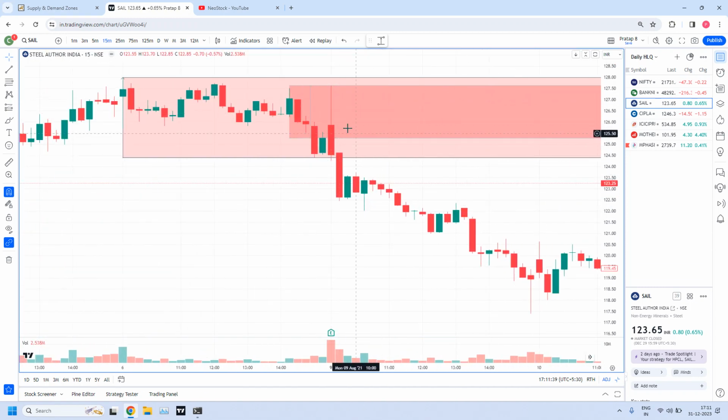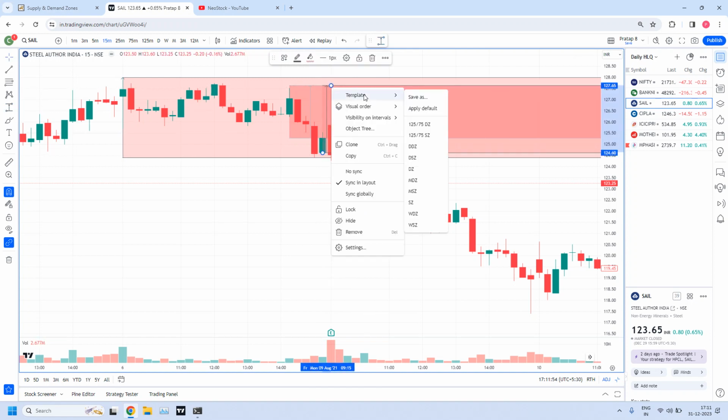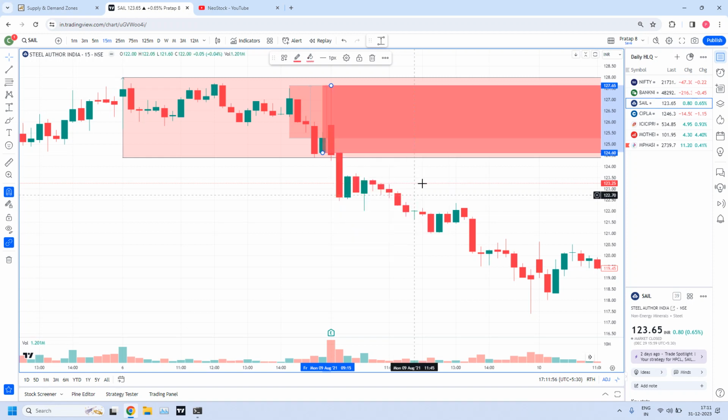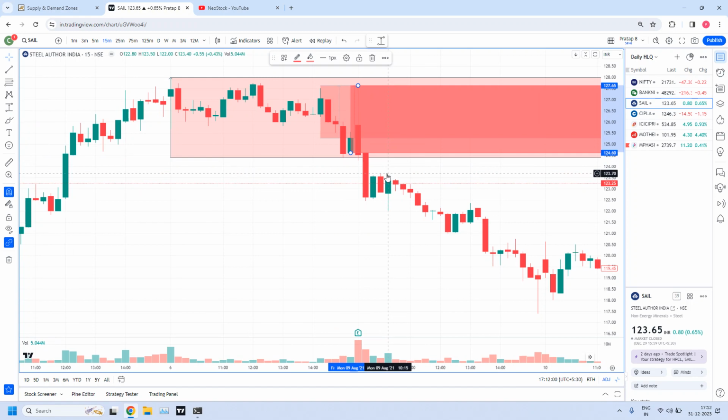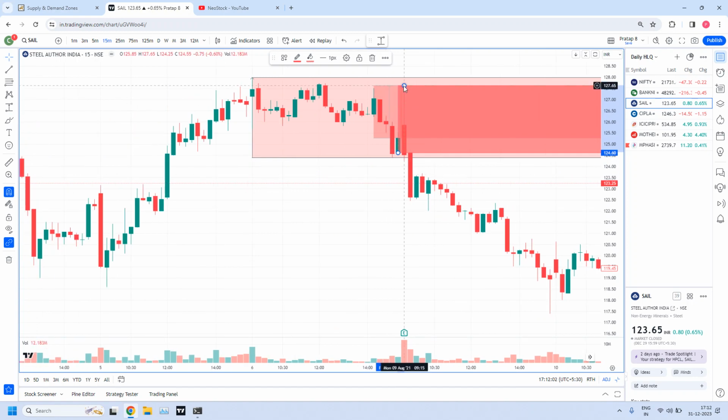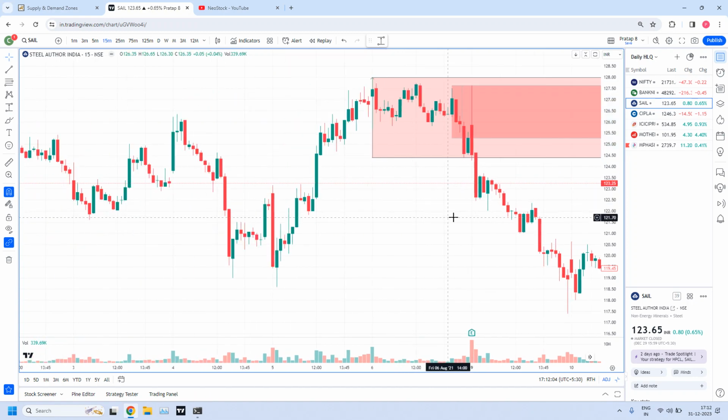How the 15-minute zone is supposed to be? We have a drop candle, base candle, again another drop candle with a huge wick. That means you have to draw a zone something like this. See how much risk it is there. So we can't handle this much risk. So that is the reason why we haven't planned the trade.